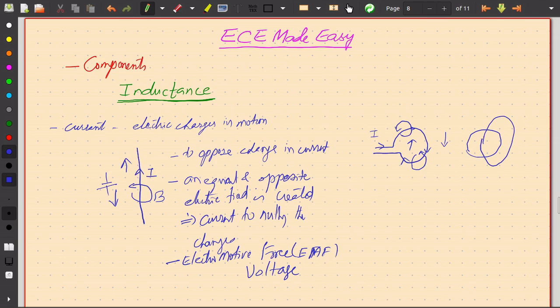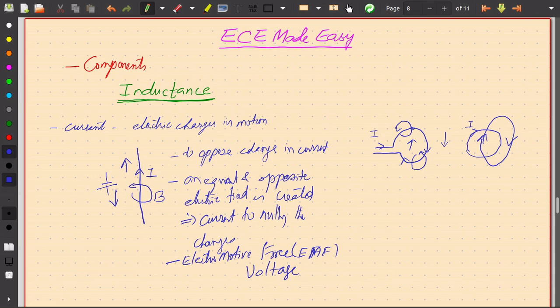This is our electric current flowing, and because of this current there is a magnetic field. So this is the electric current flowing, and this is our magnetic field produced.